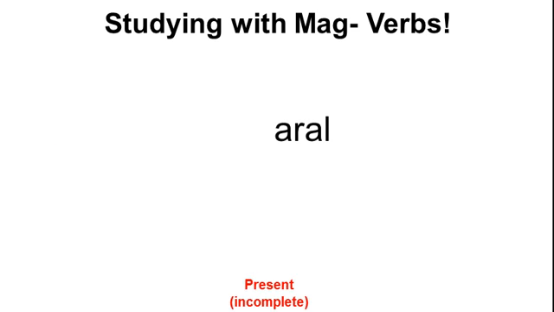Present tense, or the incomplete aspect. We put the doubled up A in there. The first syllable is just A. Okay? And we duplicate it. You see that in the middle there? That A was duplicated. Aaral. And Brother Nag comes in again for the present. Nag-aaral.